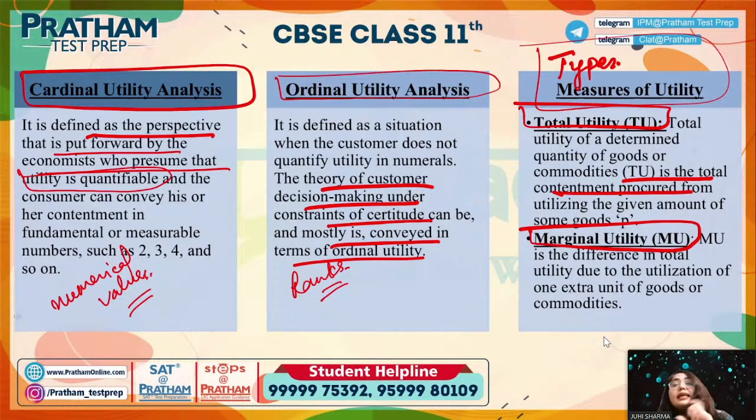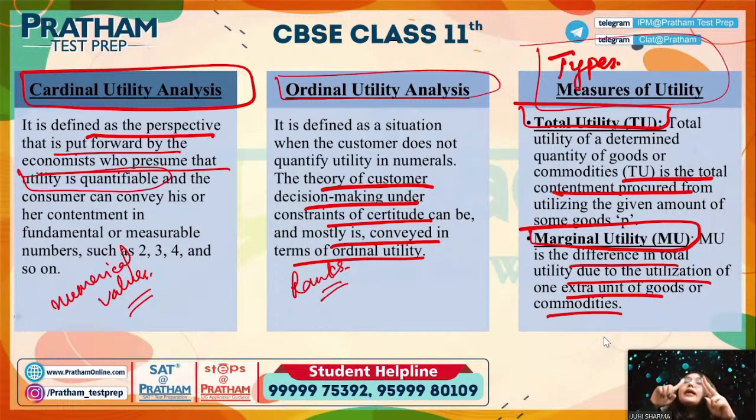right? So in that case, that one orange, that extra unit of good or service which I consumed after reaching my total utility, that is the marginal utility. It is the difference in the total utility due to the consumption of that one extra unit of goods and services. So these are the two types of utility, total utility and marginal utility.